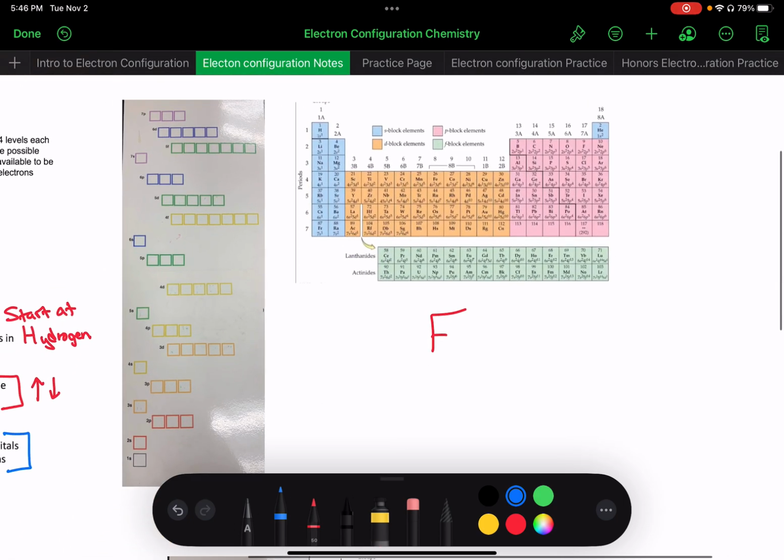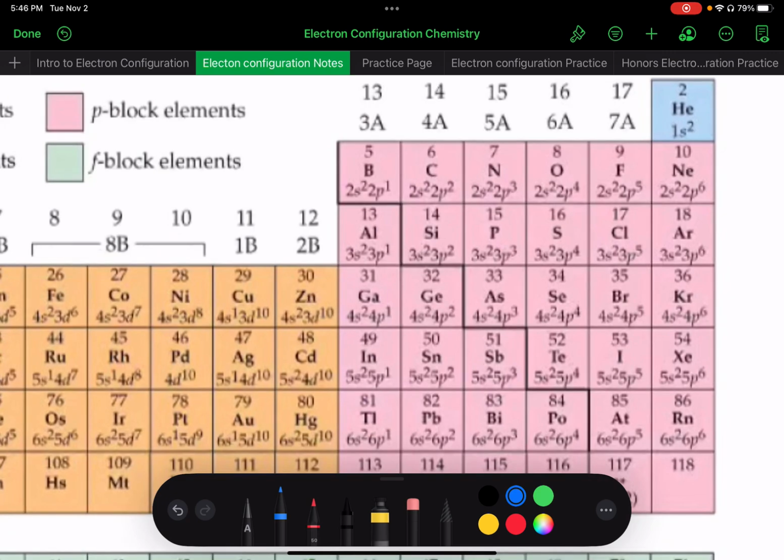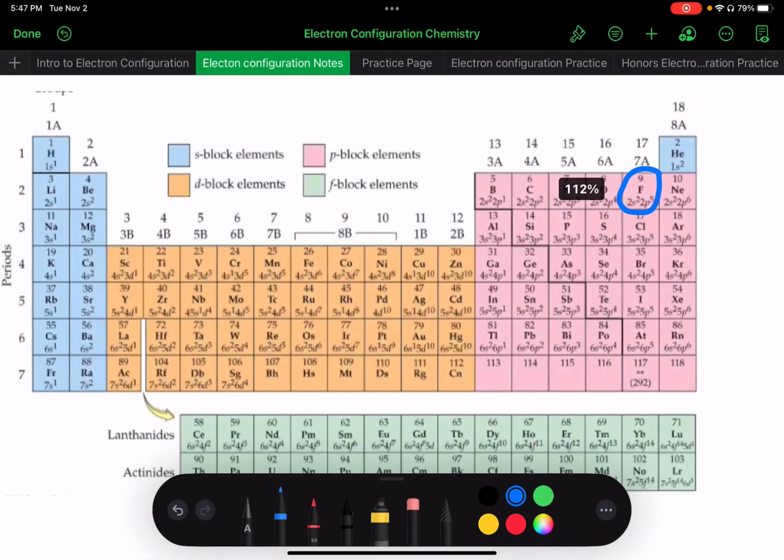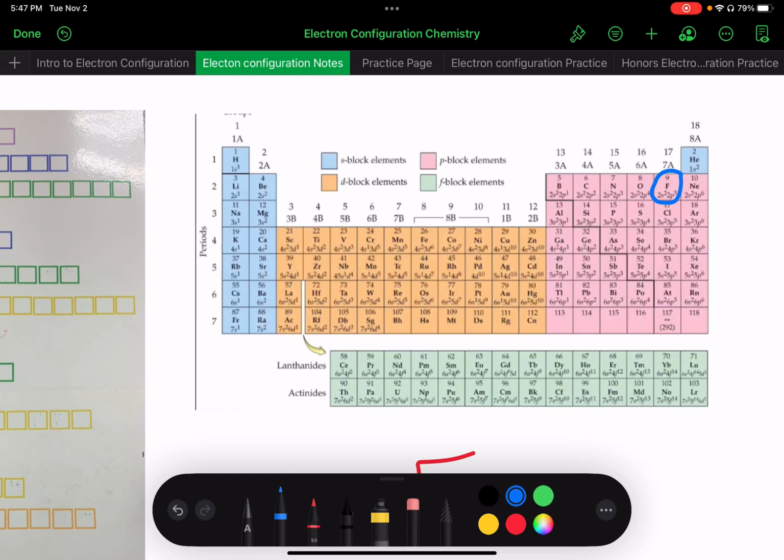So I've included this periodic table here just for reference, and I have this diagram that's multicolored that you're going to see is going to correspond to something. So here I have, let's do fluorine, and fluorine is right here. And I know that this periodic table does have your ending electron configuration on it. Again, it's a guide for you. Sometimes it helps if we look at our endpoint, okay? So let's look.